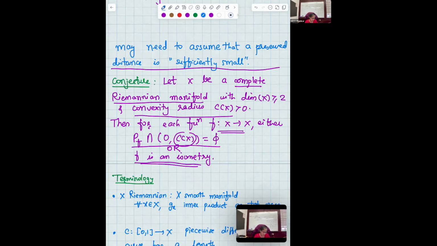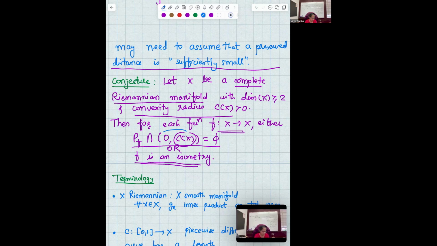Okay, there are definitely examples, and I'm not able to recall them, where some other number, not sufficiently small, is preserved, and still F is not an isometry. So that doesn't have the preserve one, preserve all property.